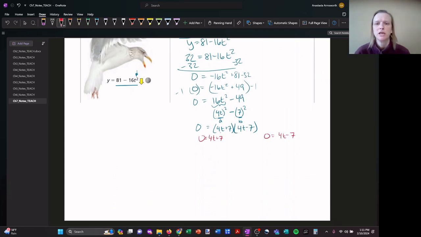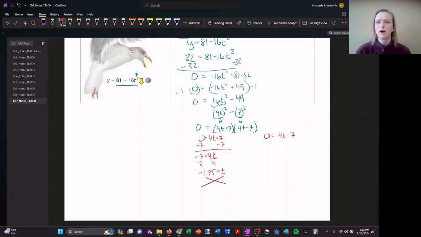So solving for t, if I subtract 7 from both sides of the equation, I get that 4t equals negative 7. I divide by 4, and I get negative 1.75 as my time. Well, a negative time doesn't make sense. So this doesn't seem like a good answer to the question.